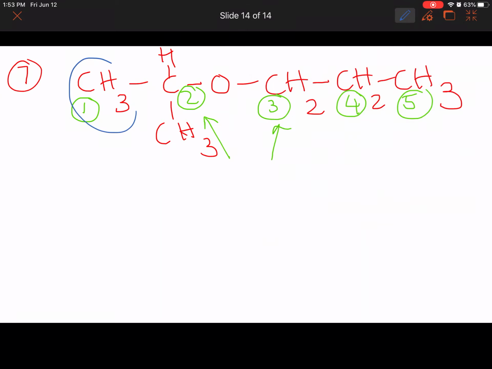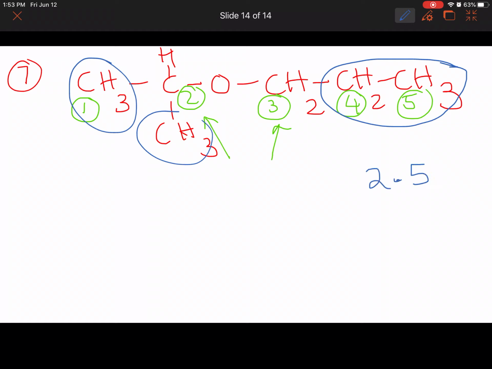Remember, number 2 carbon carrying hydrogen has 2 methyl groups on it, whereas the carbon 3 has 1 ethyl group.